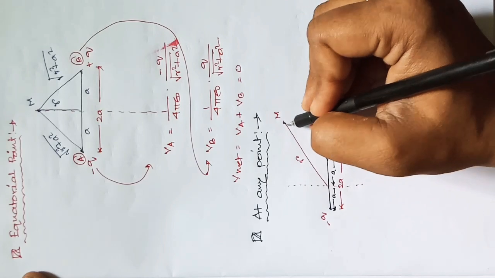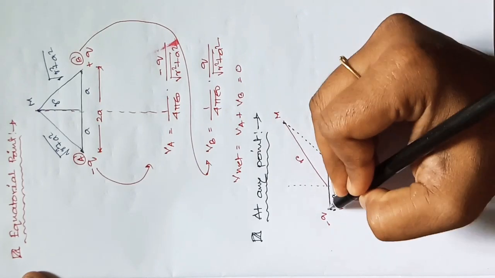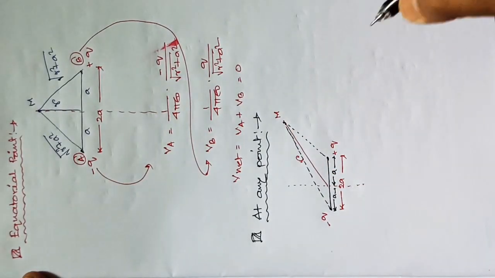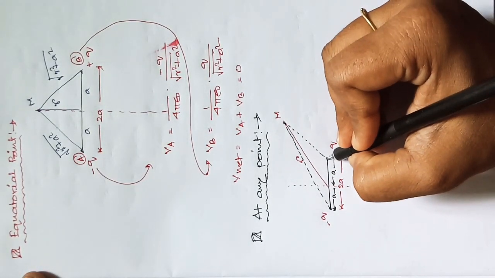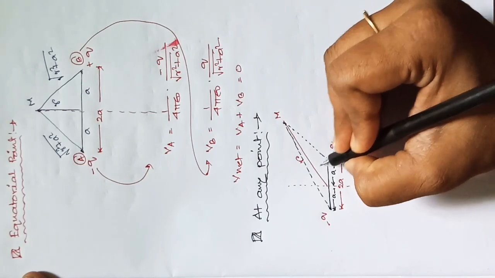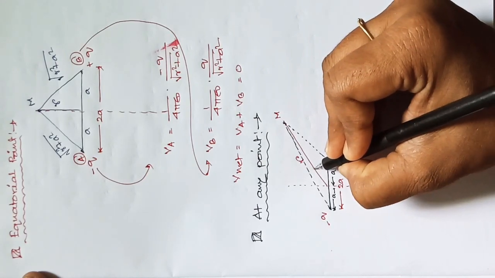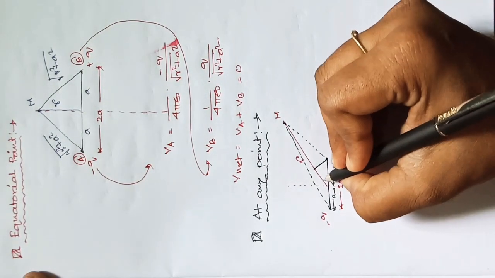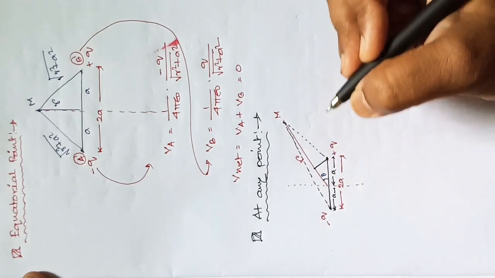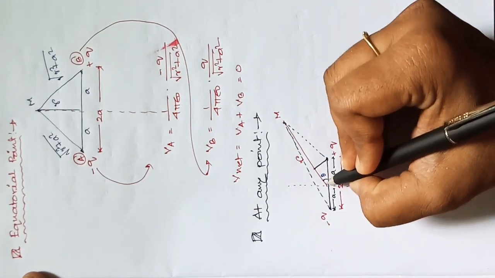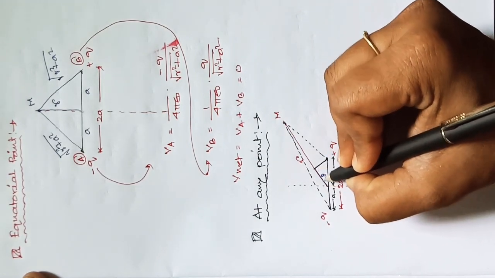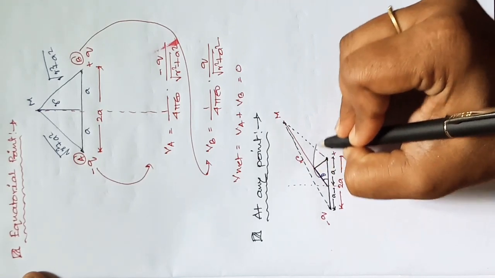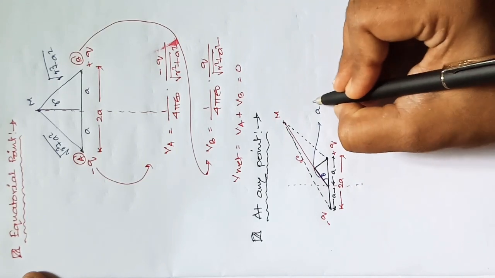Now if we join these two lines like this, and we draw a normal from here to this line, and if this angle is theta, this angle is theta, then this distance will be a cos theta.